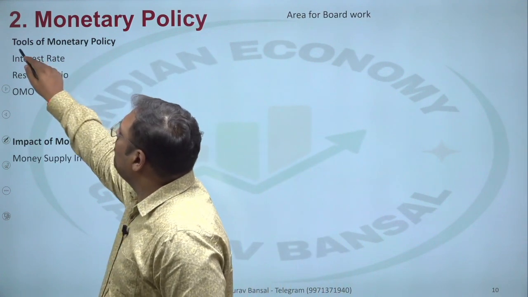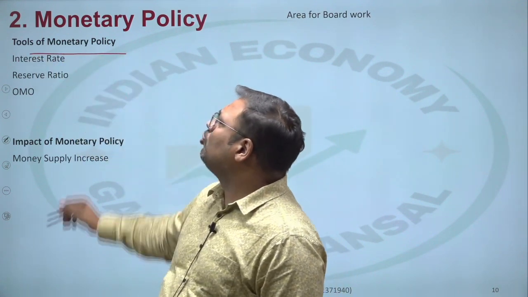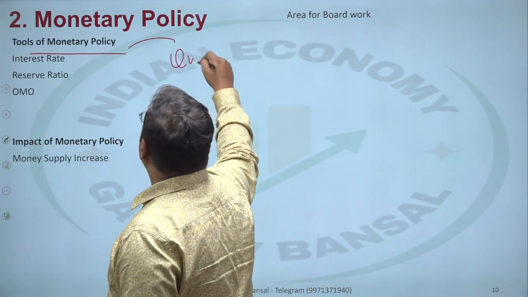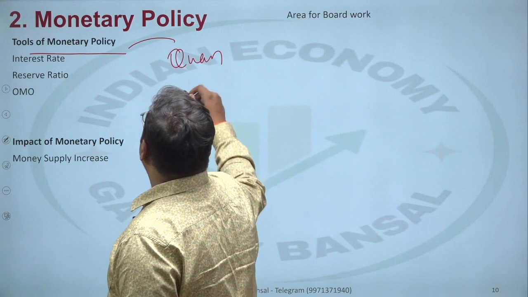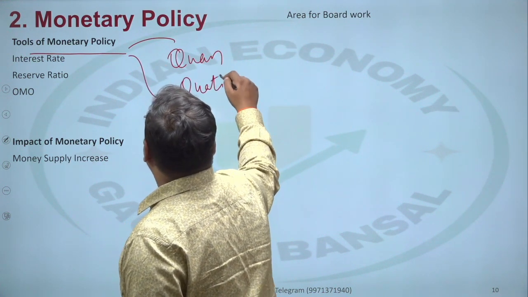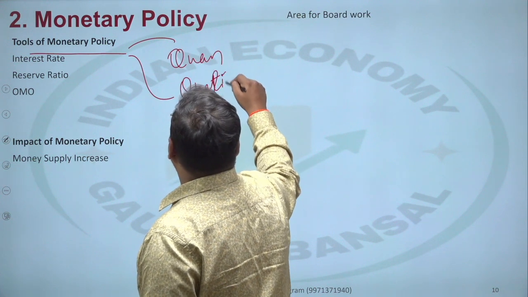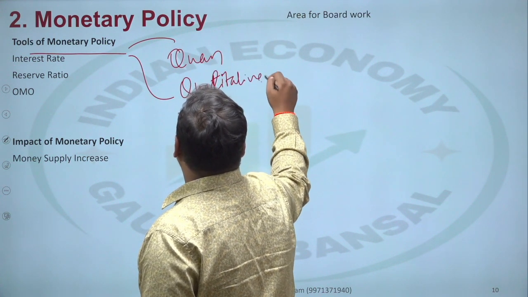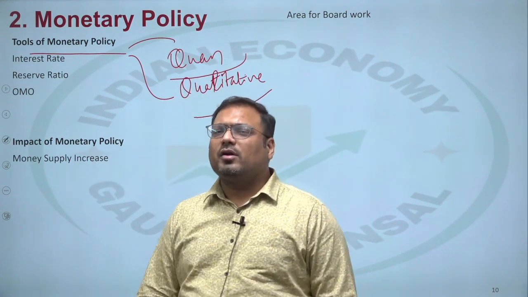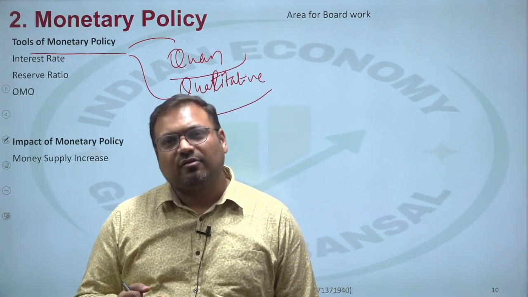So when we study monetary policy, we study that there are certain tools of monetary policy. We divide them in two categories: quantitative tools and qualitative tools. Quantitative tools change the quantity of money supply.